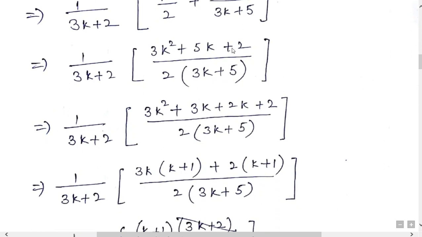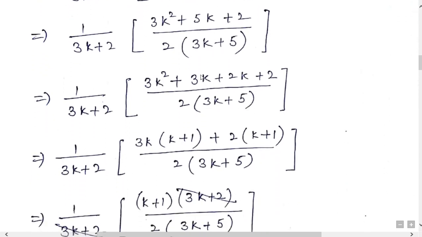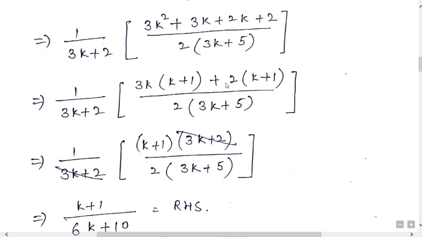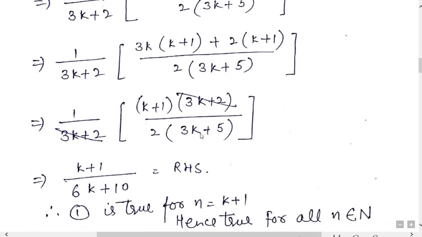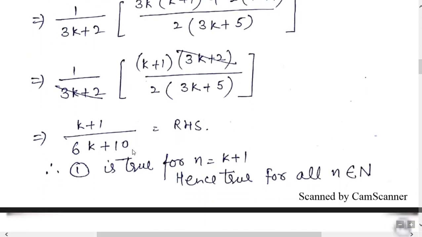Now factorize this. You can make factors easily. Taking 3k common from the first two terms and 2 common from the third and fourth term, you can write k plus 1 into 3k plus 2. Now you can cancel 3k plus 2 and the answer will be k plus 1 divided by 6k plus 10. It is equivalent to the right hand side.